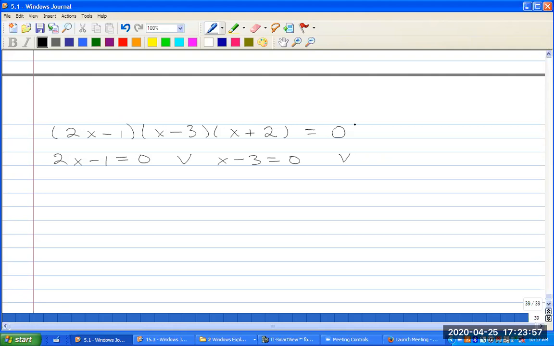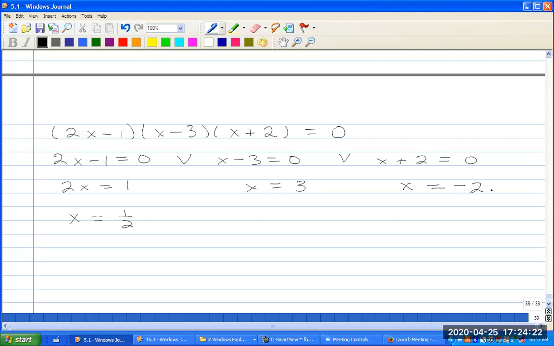The polynomials of this type form an integral domain. Add 1, divide by 2, add 3, subtract 2.